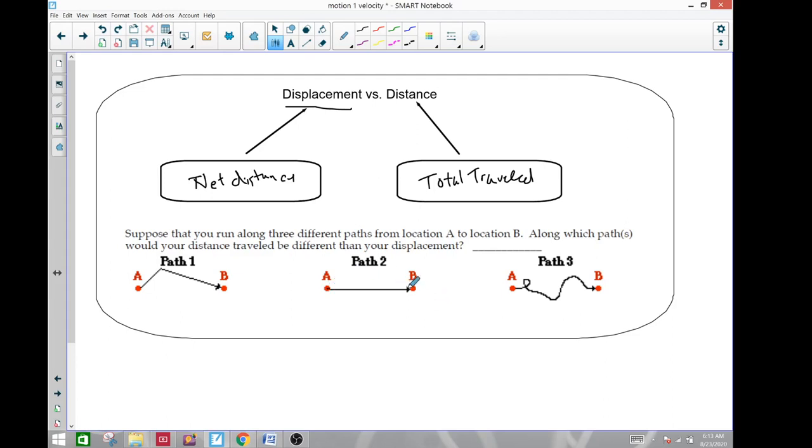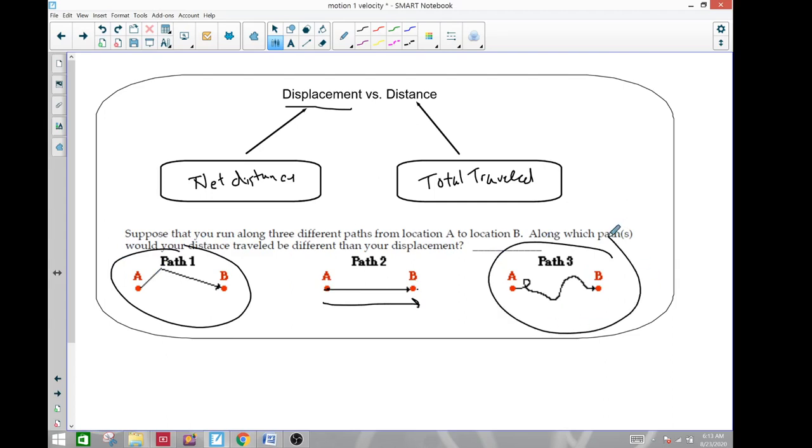Distance traveled and net distance is this one, from here to here. That's the one where they're the same. So this one's different and this one's different. Your net displacement is the same for every one of them. That's important.